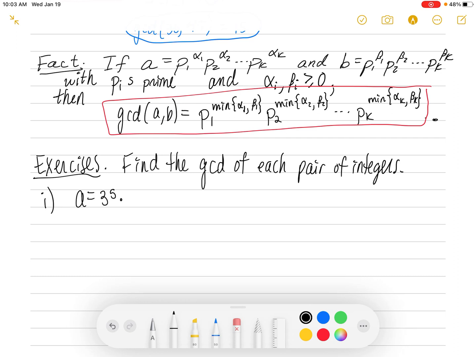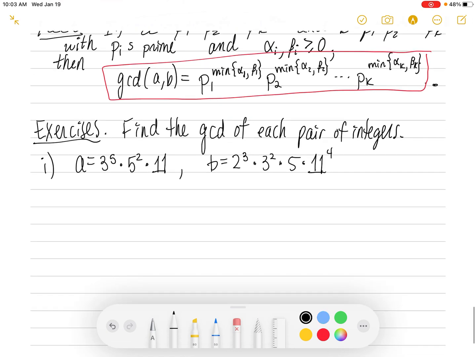Number 1, we have 3 to the 5th times 5 squared times 11. That's our A. And for B, we have 2 to the 3rd times 3 squared times 5 times 11 to the 4th. So luckily, we already have our A and our B in prime power factorization form.